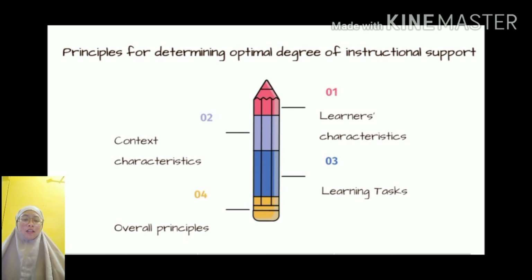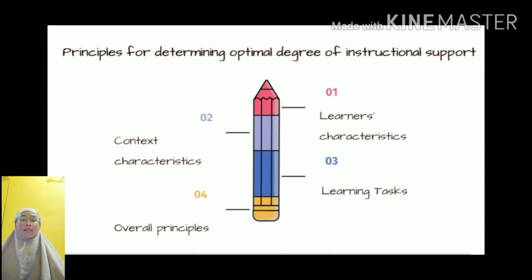Instruction for learners who have high levels of anxiety should have supplantive strategies available. And the last is instruction for learners who tend to attribute learning success or failure to factors external to themselves should begin at a more supplantive point on the continuum and gradually move to a more generative level.